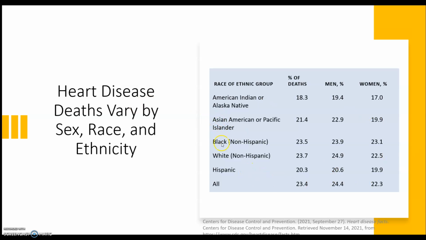As you can see here, the leading ones would probably be whites and blacks. 23% of white men, 22% of white women, 23% of black men, and of course 23% of black women have heart disease.